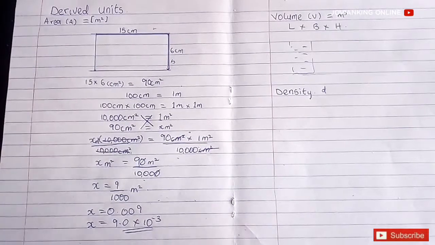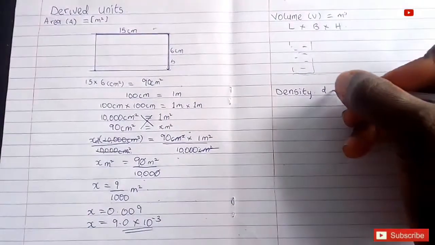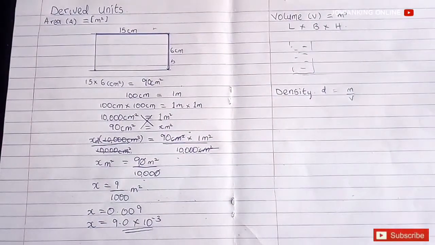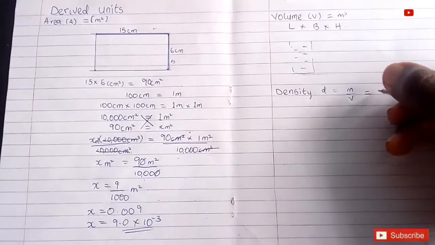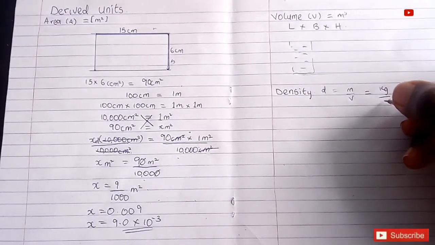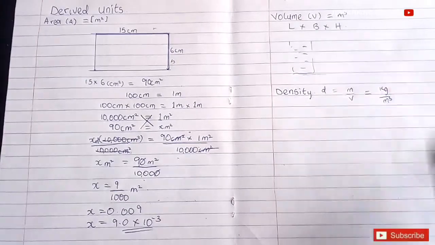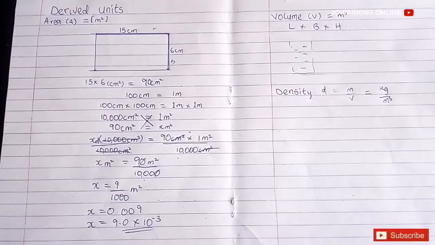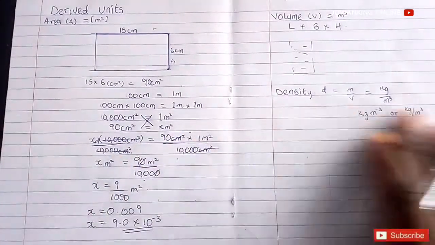So from here, we have the derived unit as density equal to mass over volume. We have the derived unit of mass as kg, and the derived unit of volume in meter cube. So from here, we have that density is measured in kg per meter cube, or kg meter cube raised to power minus 1, depending on the form you want to write it. So this is what we have for density.